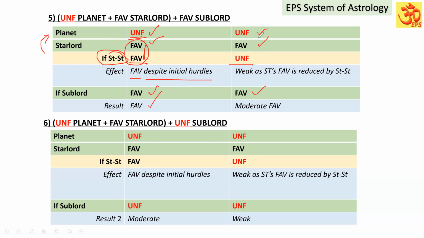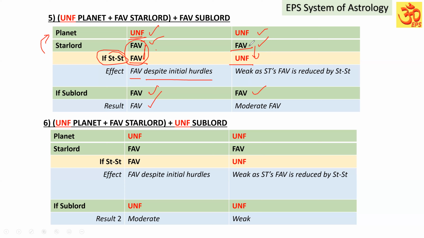Now, the same thing: the star lord is favorable, and the star lord of the star lord is unfavorable. So the first level is unfavorable. The star lord is reducing the unfavorable strength of the planet. But the star lord of the star lord is again reducing the favorable strength of the star lord.